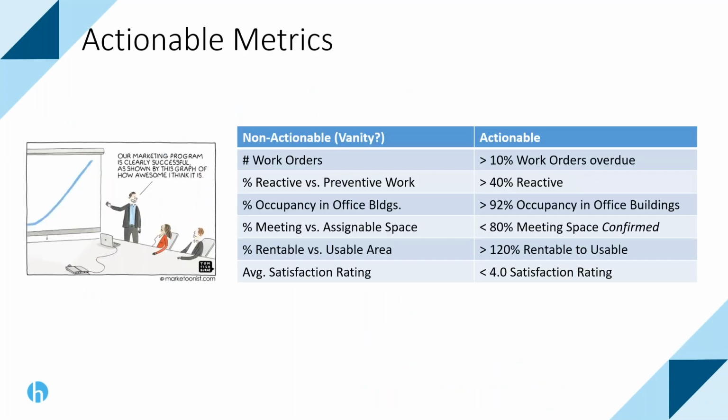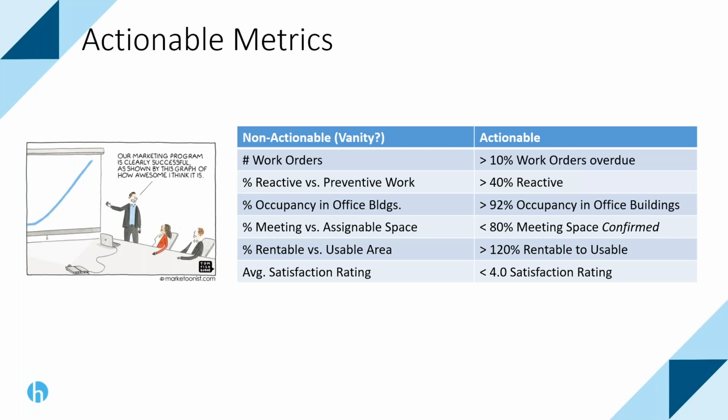We need to talk a little bit about metrics and the concept of metrics prior to jumping into the Archibus performance metrics steps. As you can see on the left, I threw up a little cartoon here, which I think is kind of funny. It says, our marketing program is clearly successful, as shown by this graph of how awesome I think it is. And I think this is a typical mistake that you make when you start making metrics. There are two types of metrics that especially marketers generally look at.